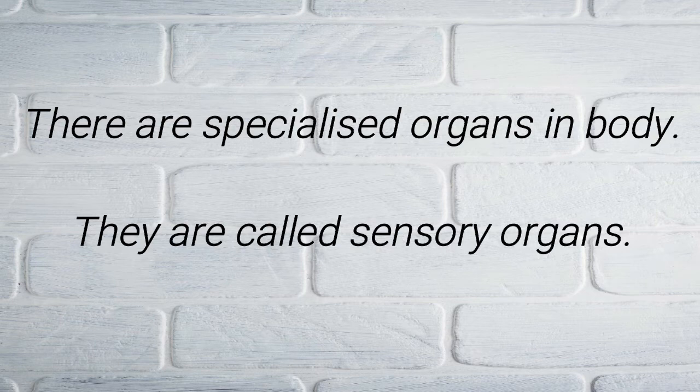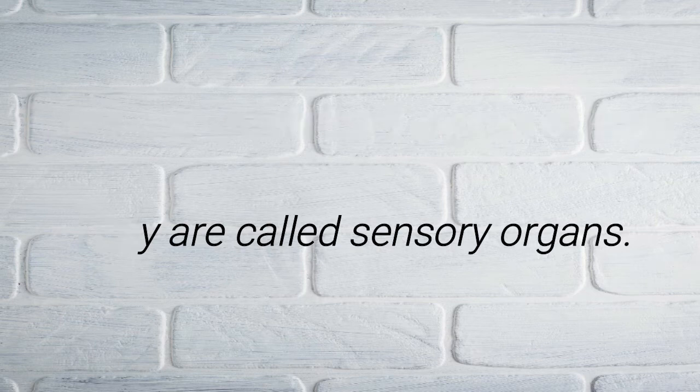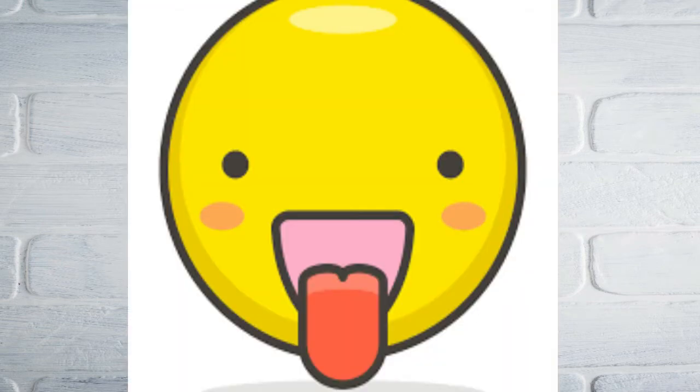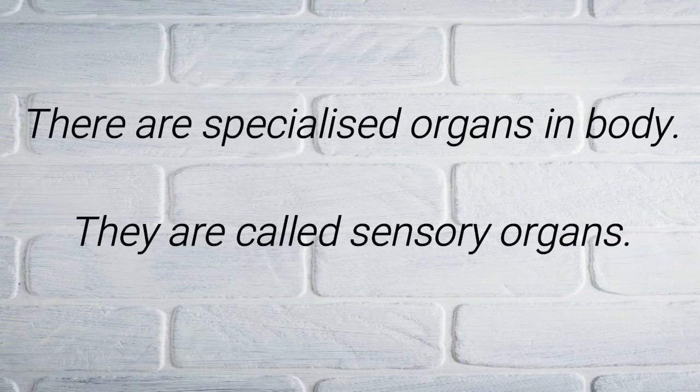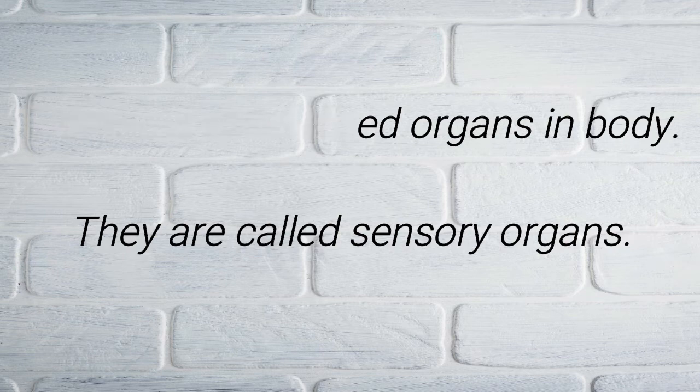They are specialized organs in the body, right? The tongue is a specialized organ. What is it used for? Tasting. The eye, what is it used for? To see. And the nose is used for more than one thing, but also for smell, right? Those things that sense something are called sensory organs.